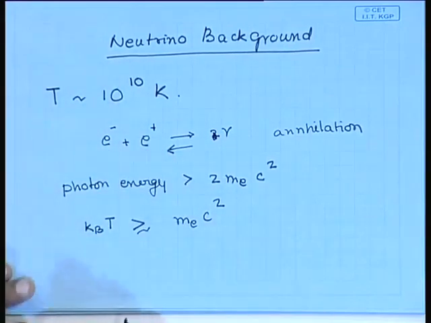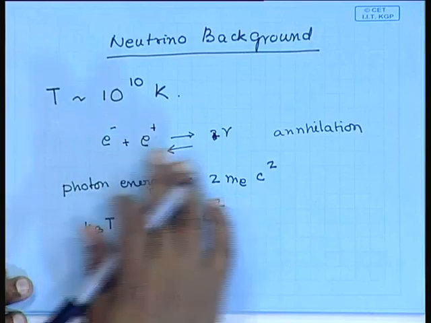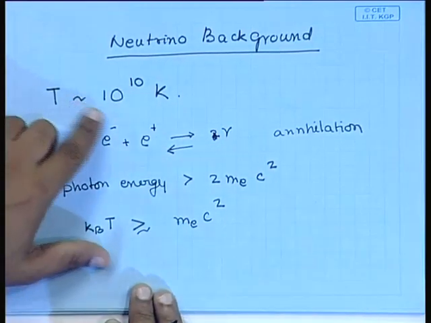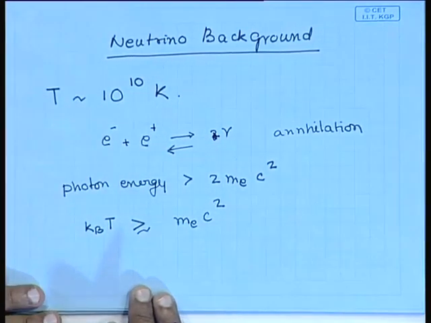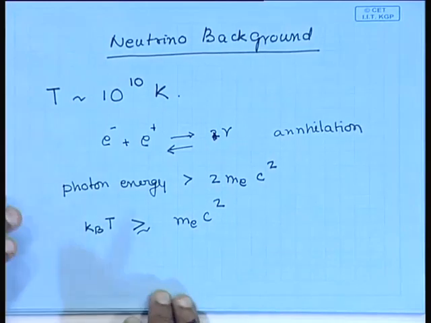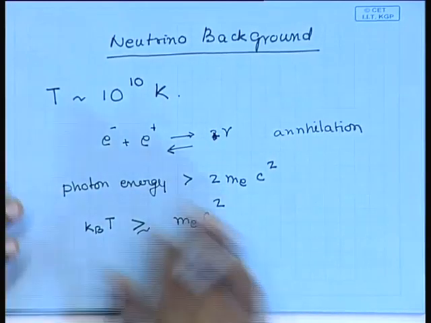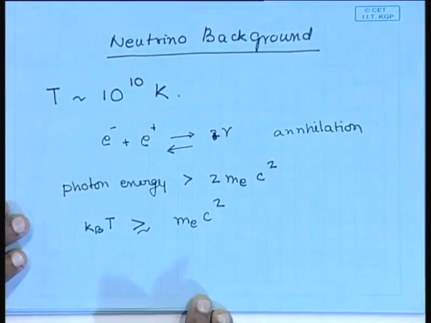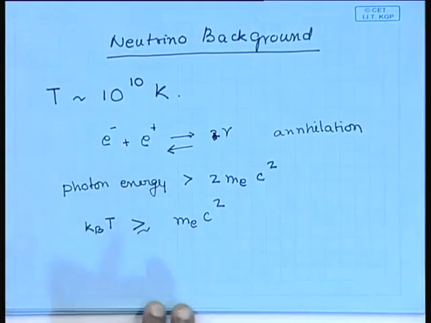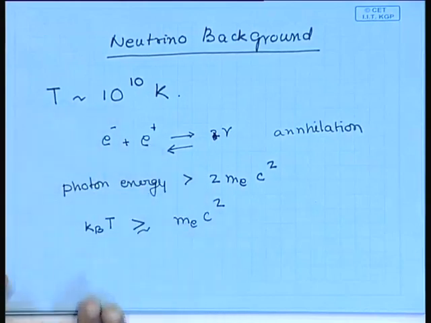What we see now are the residual electrons. This annihilation occurred somewhere around 10 to the power 10 Kelvin. What we see now are the residual electrons after this annihilation is over. So, there was some excess of electrons, that is what we believe, which survived this annihilation.